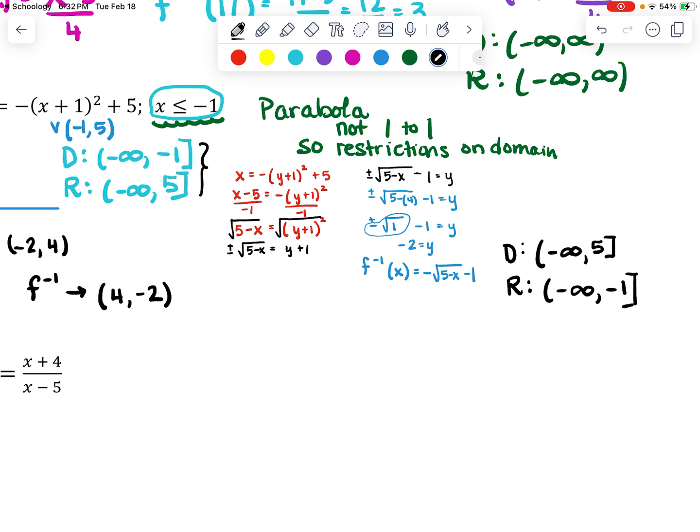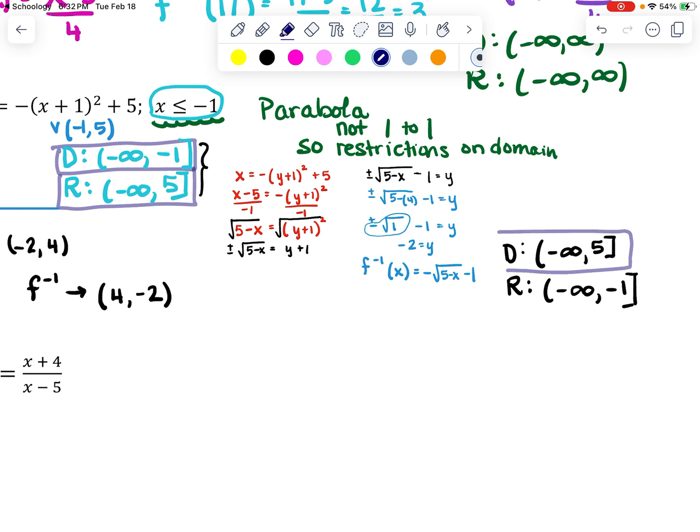Okay. So what happened is that these two domain and ranges right here from the original are going to trade because we traded x and y, okay? So the domain became the range, range became the domain, and we call it a day, okay?